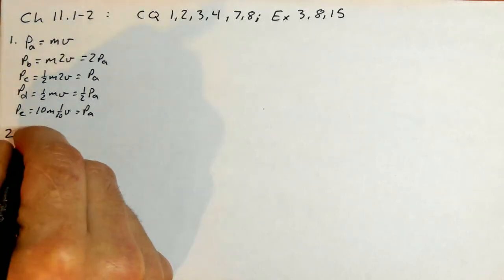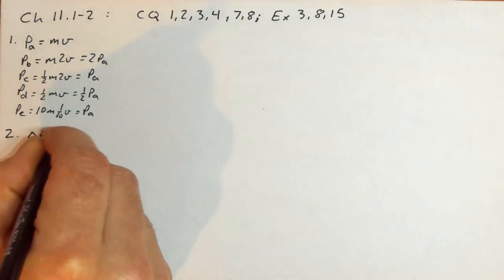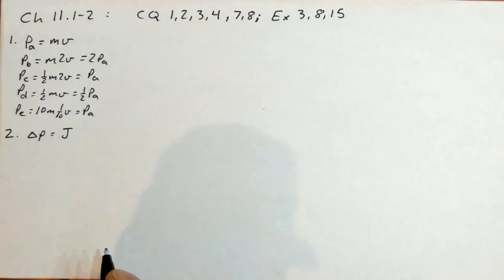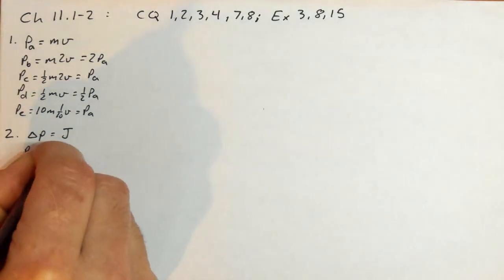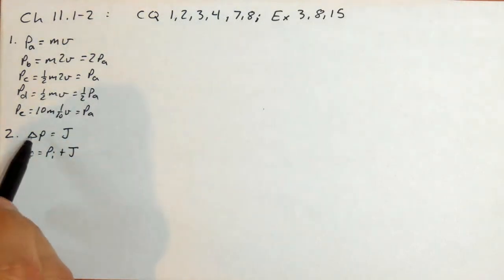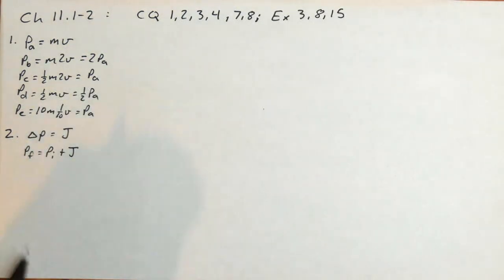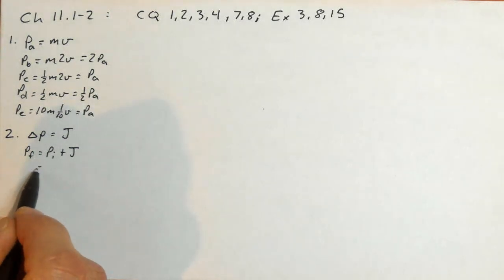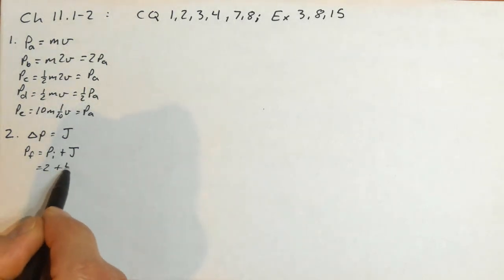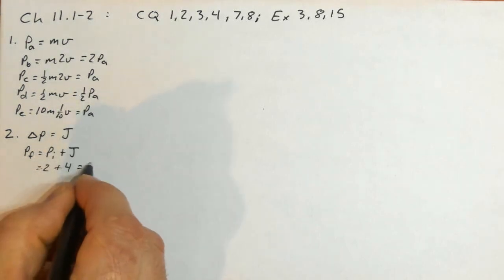Okay, we know that the change in momentum is equal to the impulse. And we could write this change in momentum as P final equals P initial plus the impulse, by doing this as final minus initial and adding the initial to the other side. So we know what our initial momentum is. It's 2 times 1. And our impulse is 4, which means our final is 6.